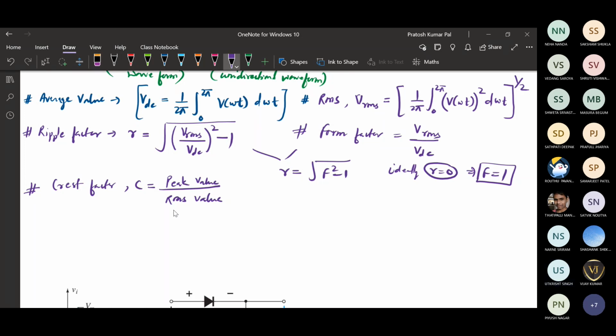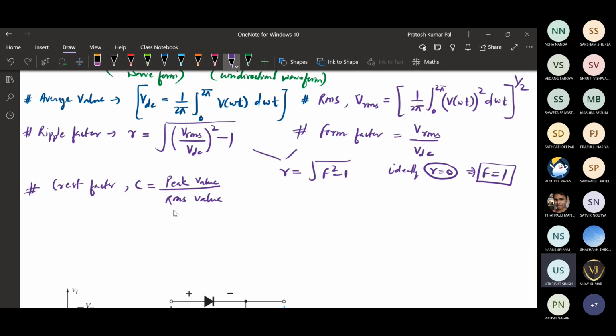So this crest factor basically defines how good this conversion is, from AC to DC, or from a bidirectional to a unidirectional signal. So what is the quality, how it has been converted, that will be defined by the crest factor basically.